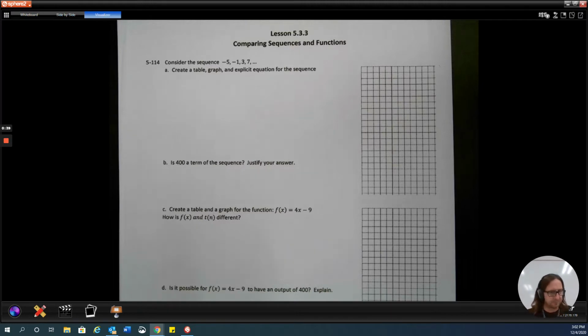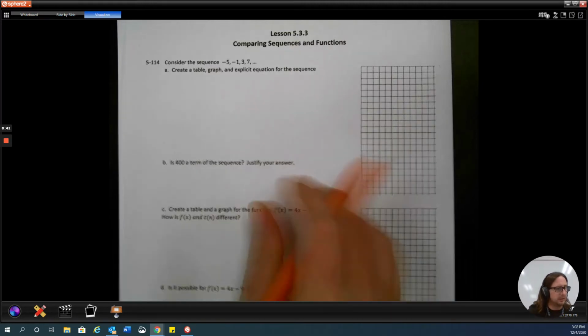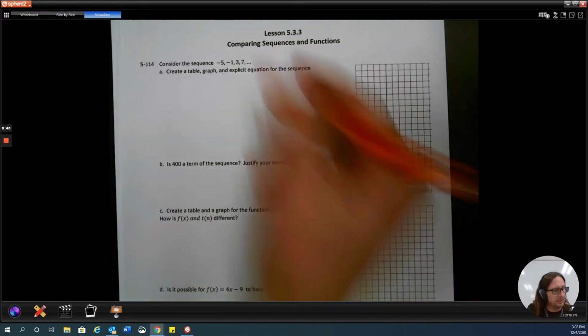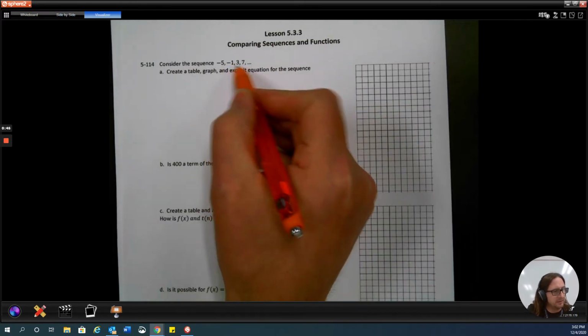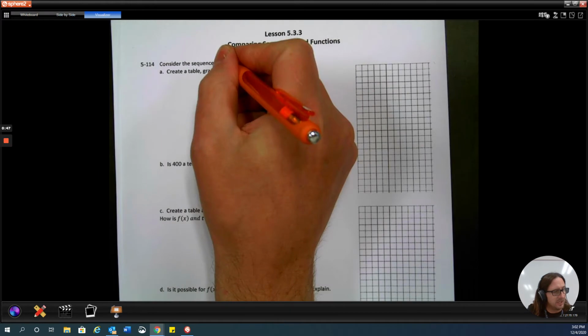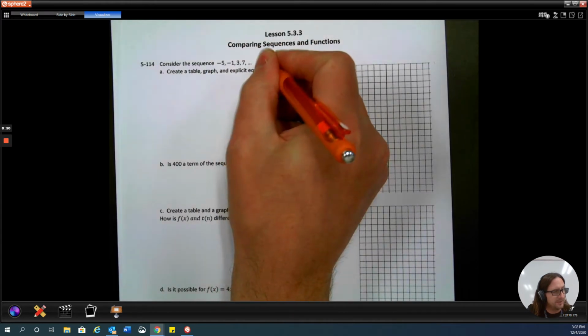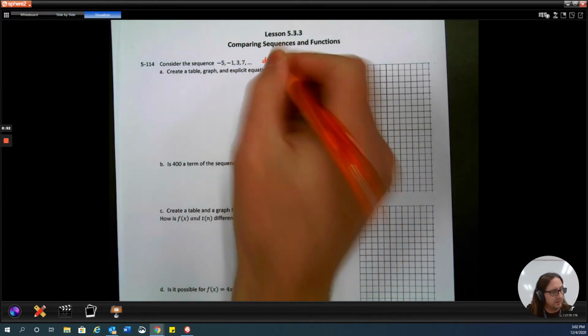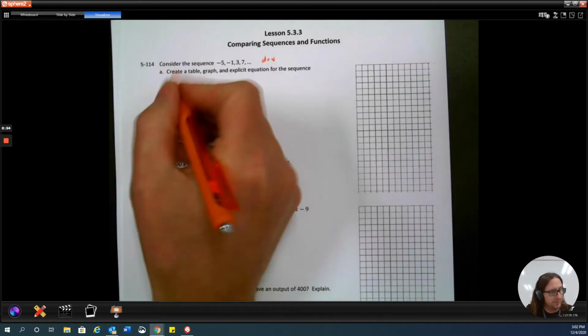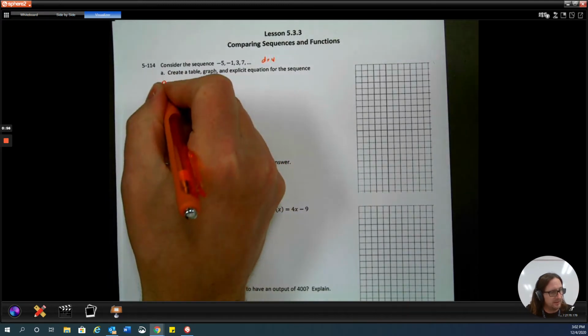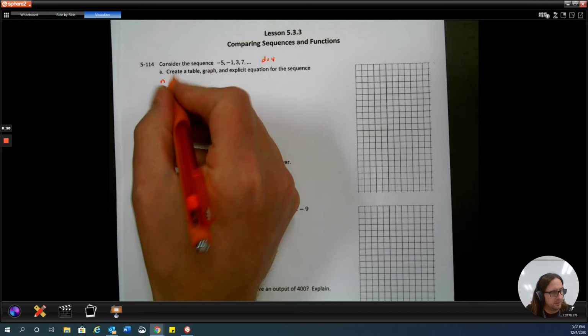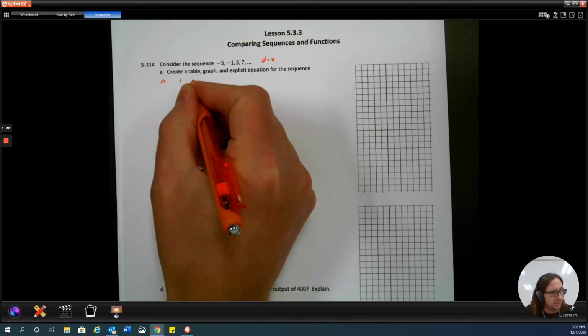So here we go. Looking at the sequence, from here to here, we're adding 4 each time. So it looks like our common difference is 4. If I were to do a table, remember the sequence number goes up top and it always starts at 1.